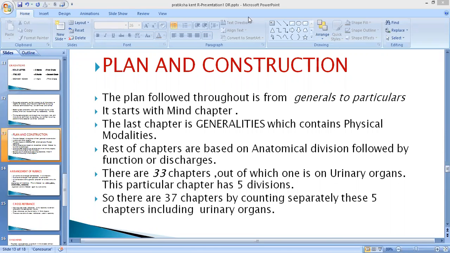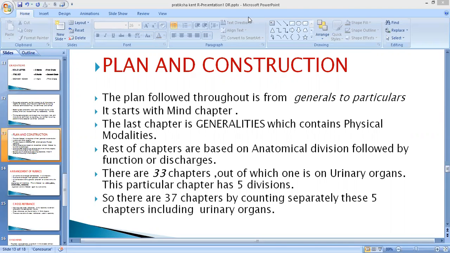Under most of the parts, its function is given, and we found the rubrics related to its function under those parts. For example, after eye, there is vision. After ear, there is hearing.